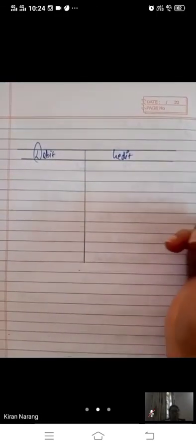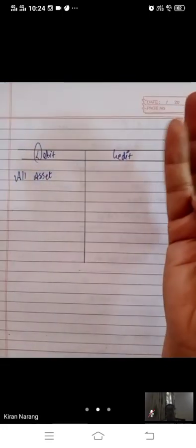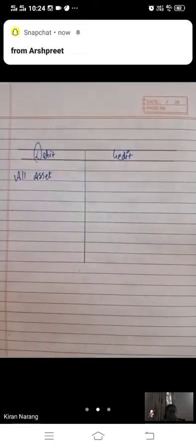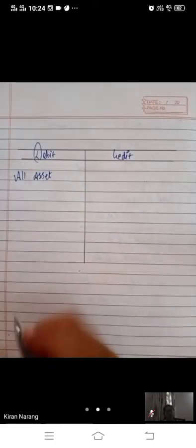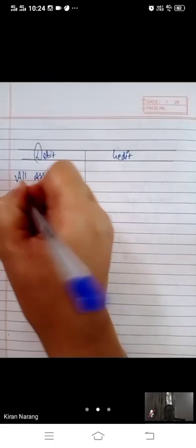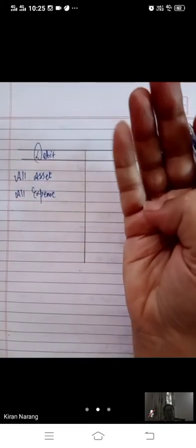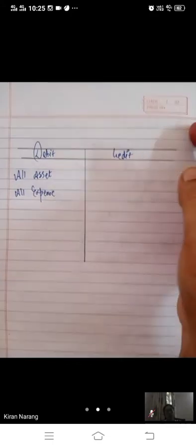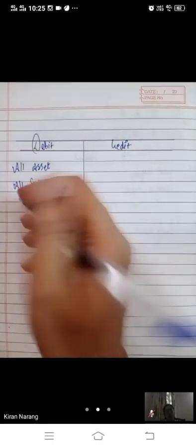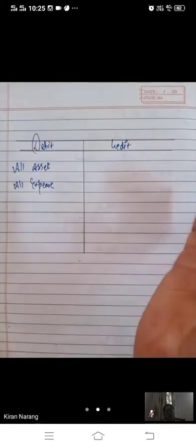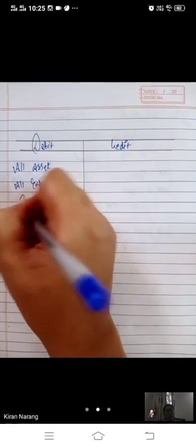On the debit side, we usually write all assets. Furniture, machine, plant, building, land, everything we have to write on the debit side. Then all expenses: rent paid, salary paid, discount allowed, interest, wages, all expenses are of debit nature, including drawings.